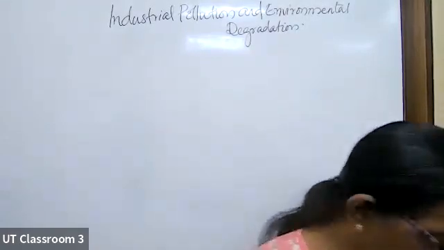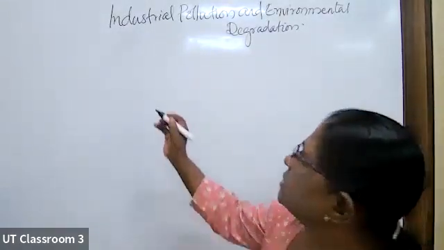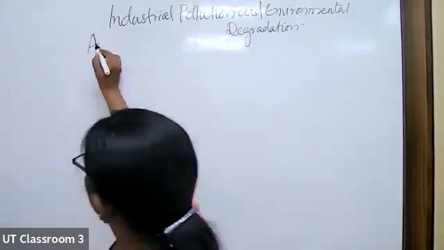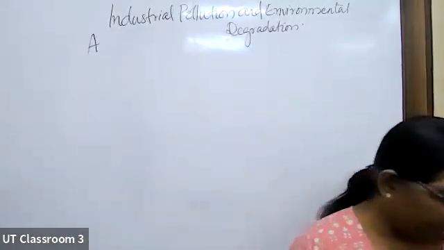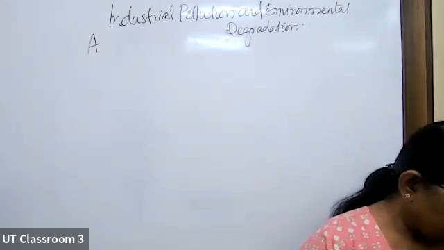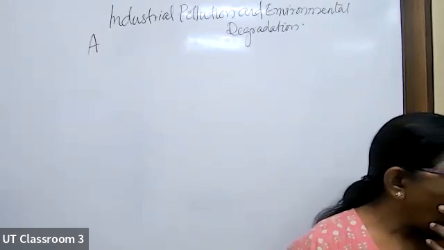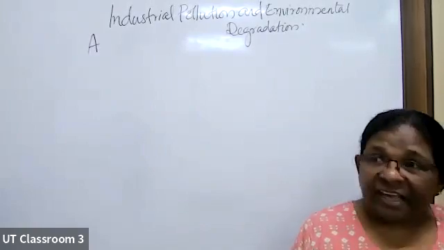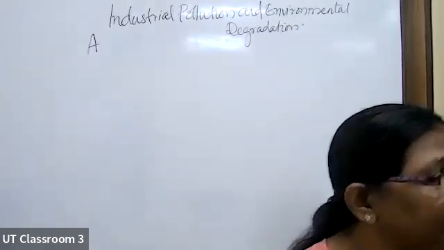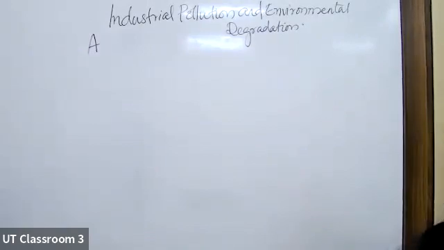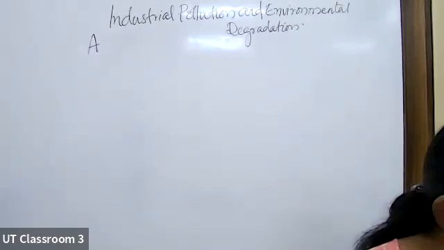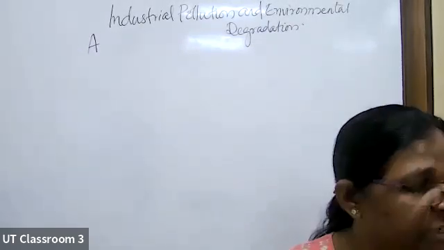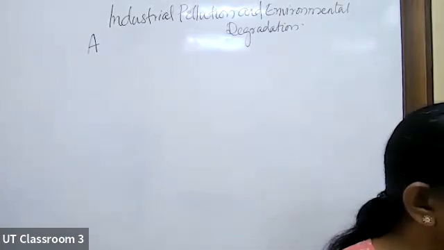Which are the 4 types of pollution? See, so what is the pollution definition? It's a condition in which unwanted things are added. So when unwanted things are added, the balance gets disturbed.